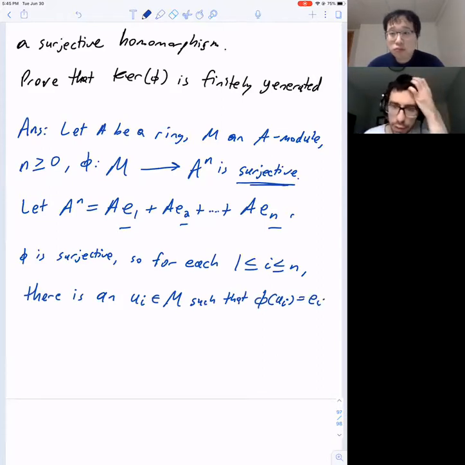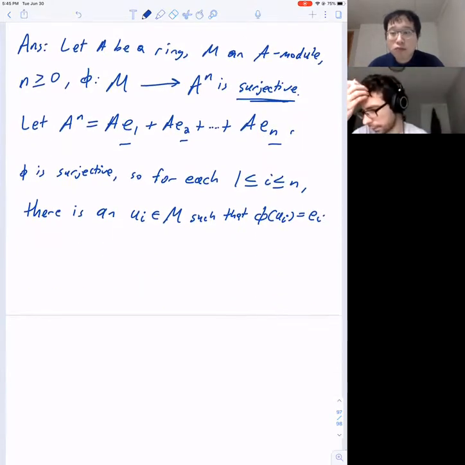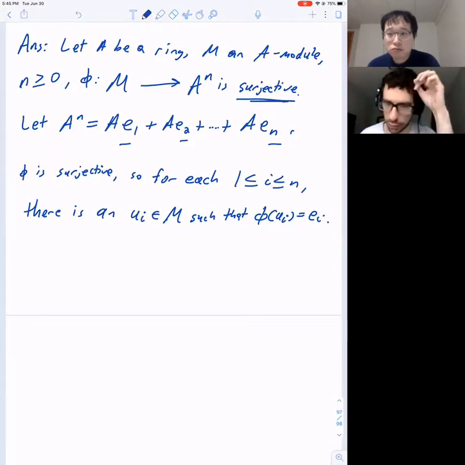Okay, great. And so then what does that mean? Okay, so now you have these UIs. That's not going to be the basis of the kernel. I'm going to use that to make a basis for the kernel.